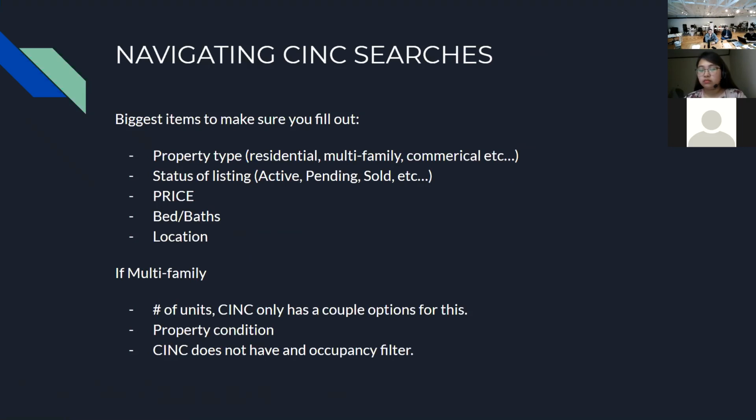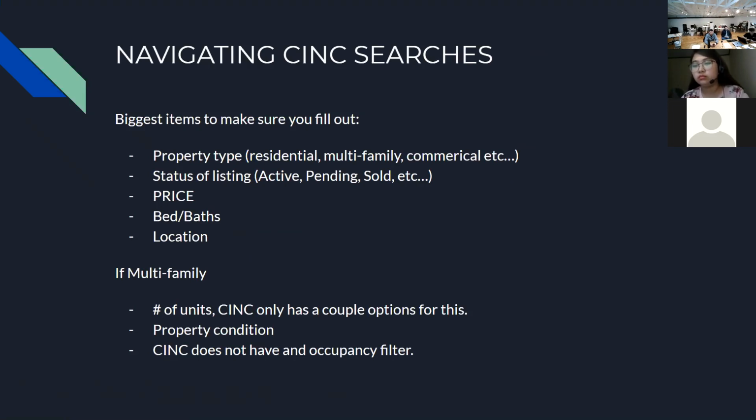Navigating CINC searches. CINC has a lot of the things RMLS does in terms of what you can filter in and what you can filter out. Obviously, they have the big items in there, so the property type, status of the listing, price, bed / bath, and the location. You can filter all of those to what your client's needs are.